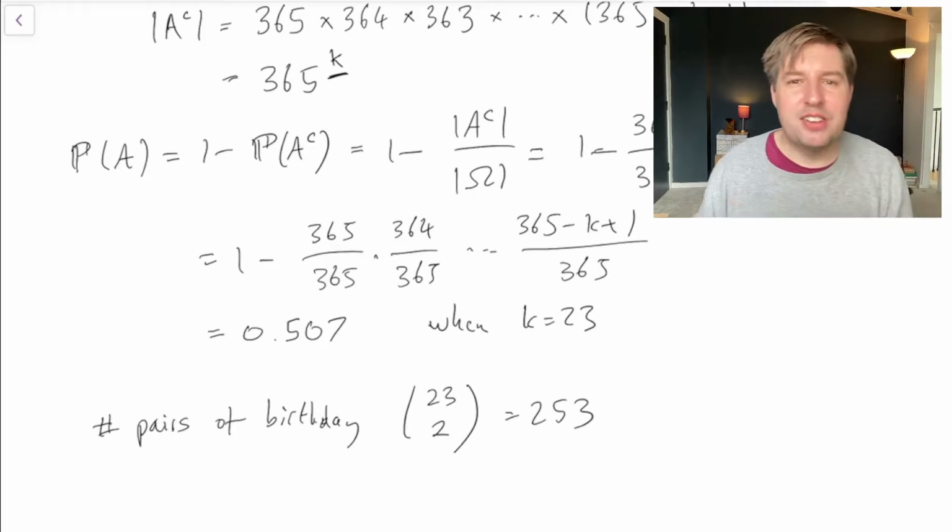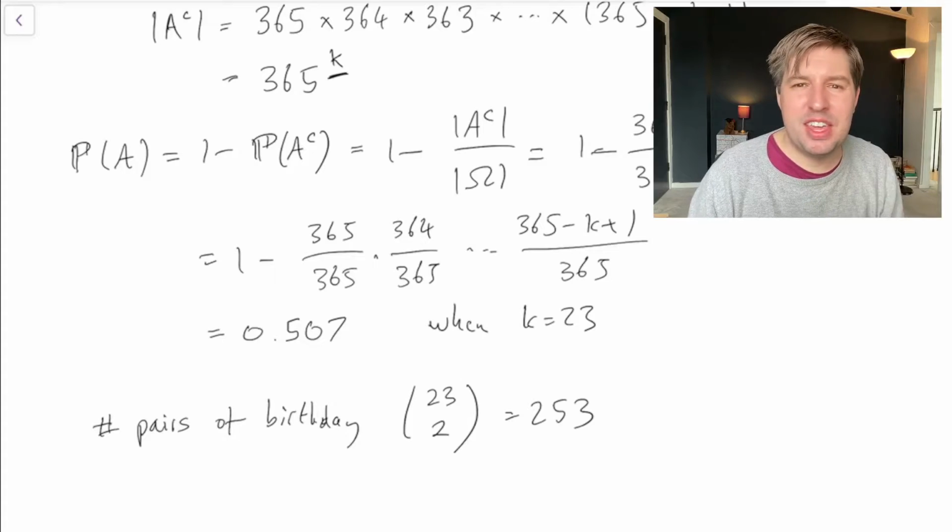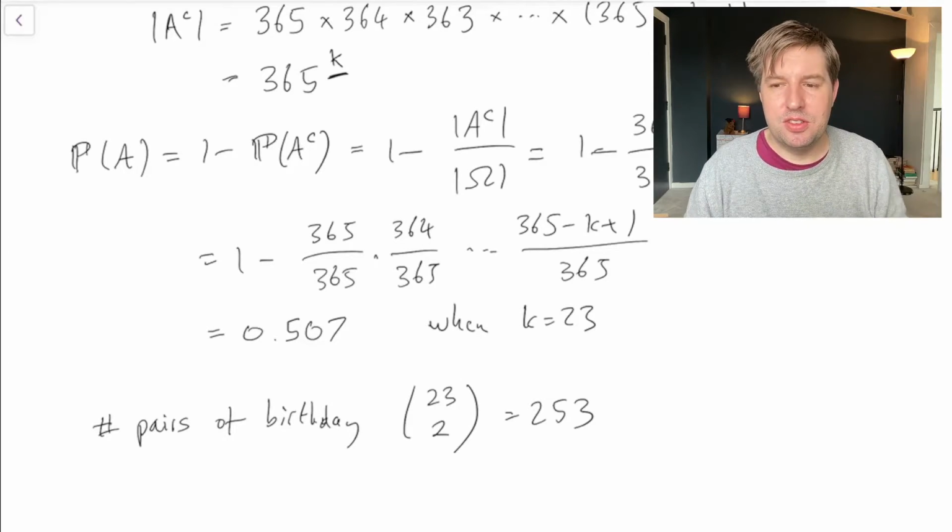So in a way, you've had 253 birthday pairs which had a chance to match. And so although 23 sounds like a small number of students, if you think of it in terms of pairs of students, of which there are 253, then it's not surprising that one of those 253 happens to be a birthday match, because each of them has a 1 in 365 chance. So that's a classical probability problem known as the birthday problem.